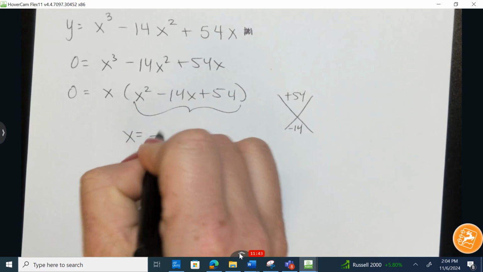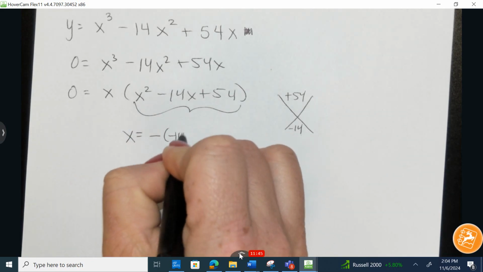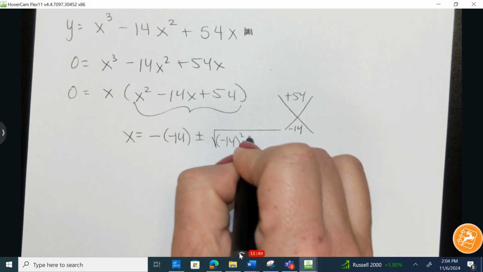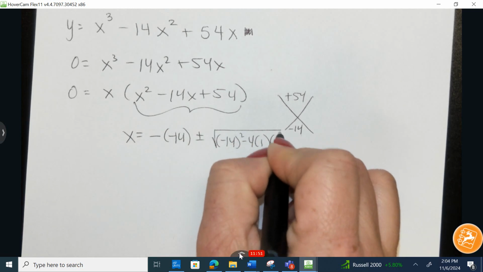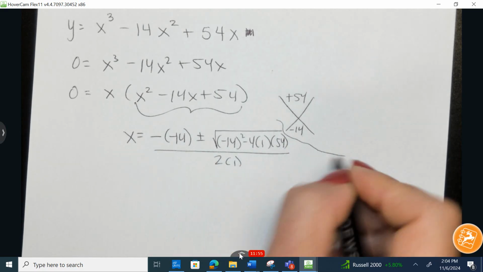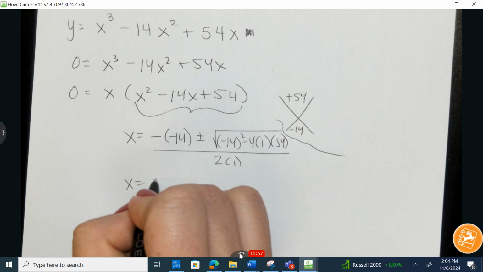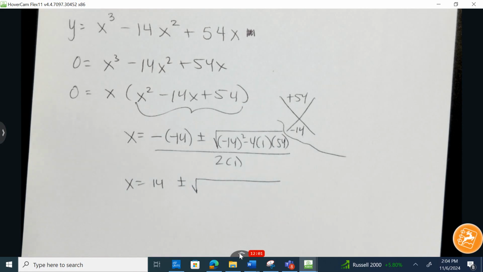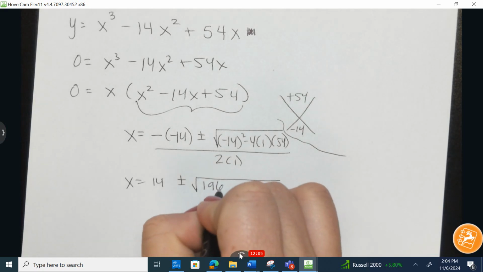So x equals negative b plus or minus the square root of b squared minus 4ac all over 2a. 2 negatives make a positive. 14 squared, I want to make sure, today I'm tired, is a positive 196.